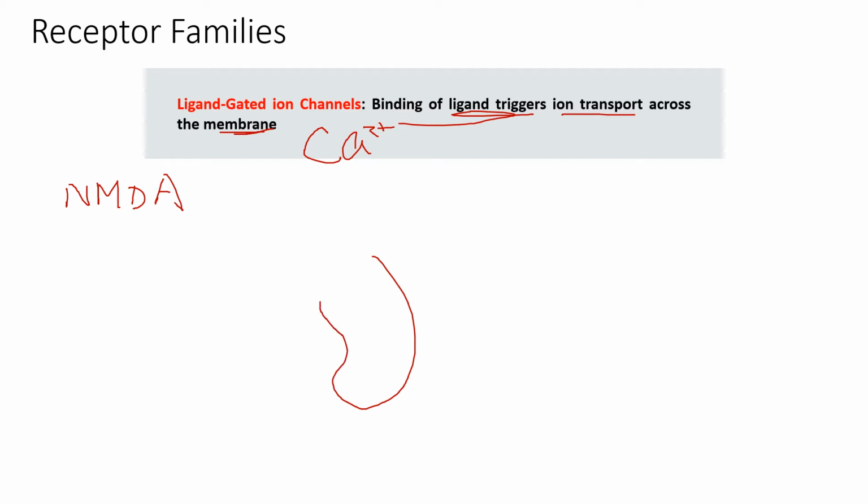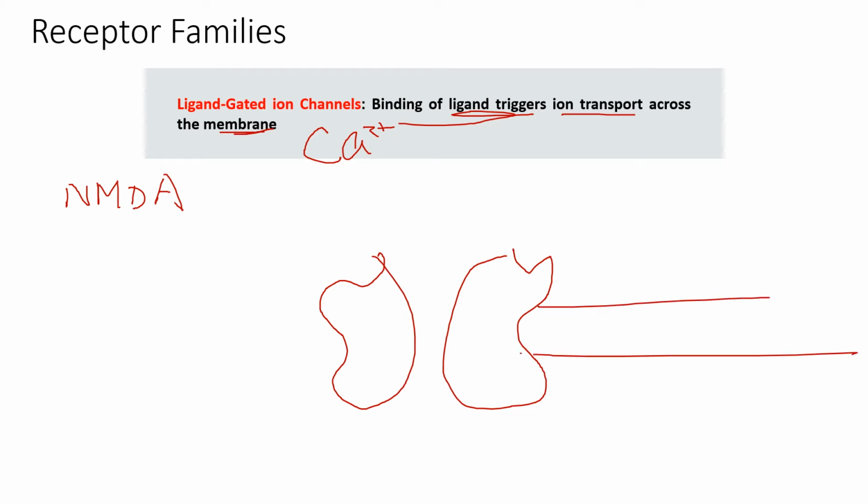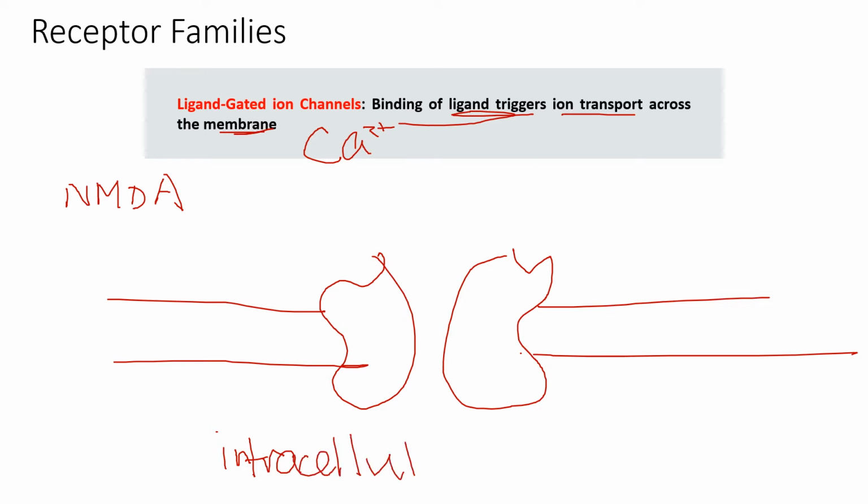And so if this is one subunit and then a second subunit, this is a protein that is on the cell membrane of nerve cells. And if this is the intracellular space, and then this is going to be the extracellular space.